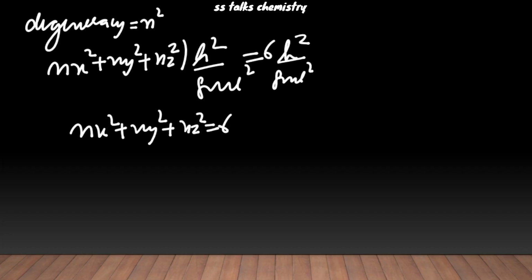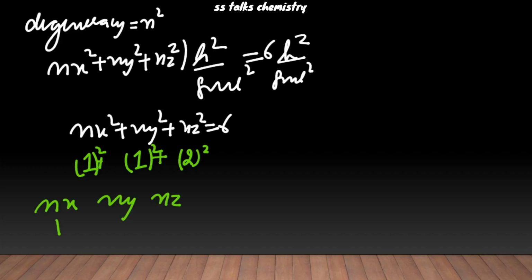Now what values of nx, ny and nz could we have so that this becomes equal to 6? It could be 1, 1 and 2. So 1 square plus 1 square plus 2 square comes out to be 6, which means one of the possible values of nx, ny and nz is 1, 1 and 2, right? We can rearrange this and get different levels which give the same energy: we could have the level 1 1 2, or 1 2 1, or 2 1 1.